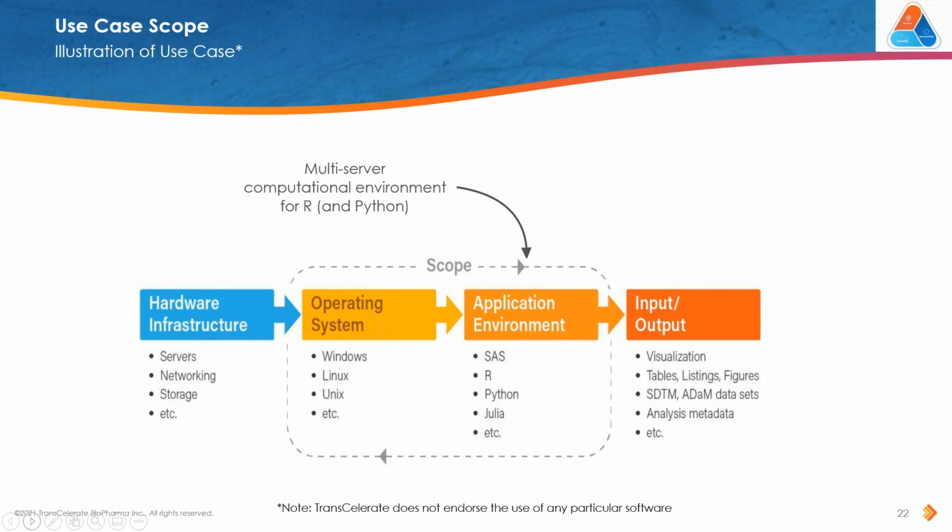In the use case, to establish an MSA environment, a multi-server computational environment was built, and the testing and verification were done based on the MSA framework. Next slide, please.